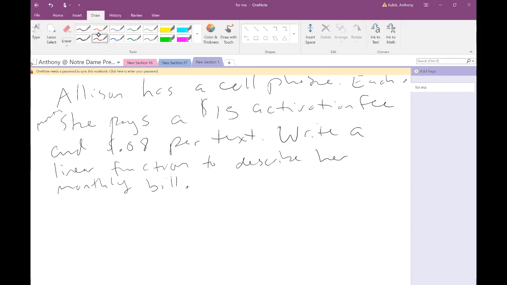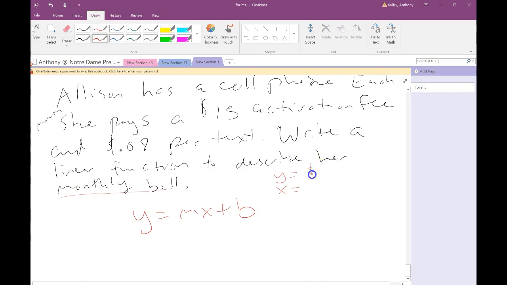Everybody okay with this situation? Okay. Since it's a linear equation, we know that we're going to write something in the form y equals mx plus b. And let's think about what the x and y are going to represent in this equation. So y is going to be, what are we trying to describe?